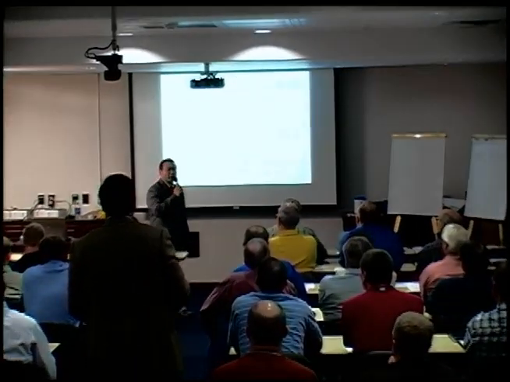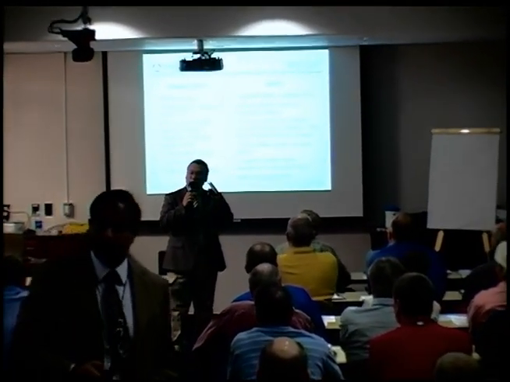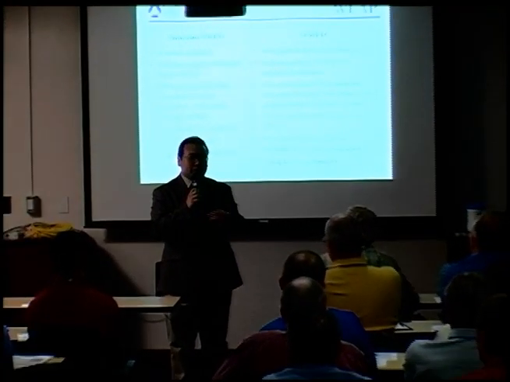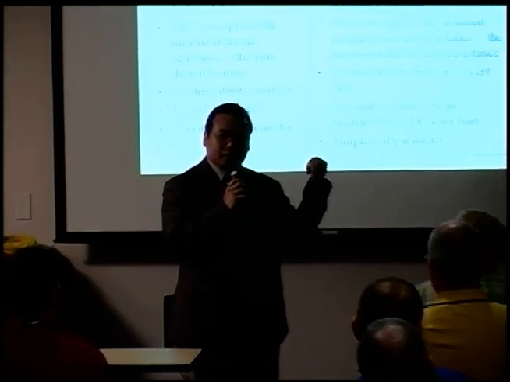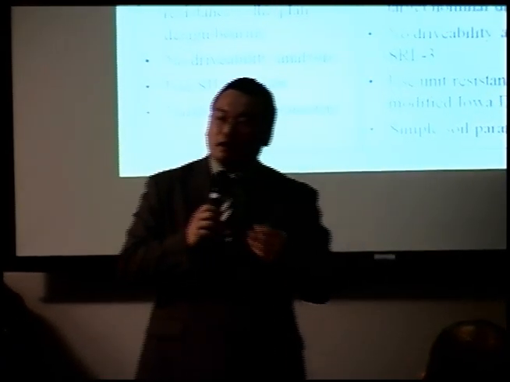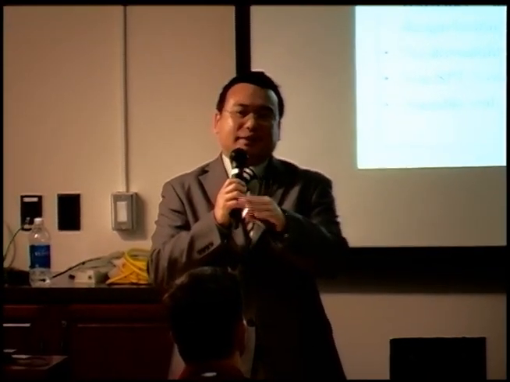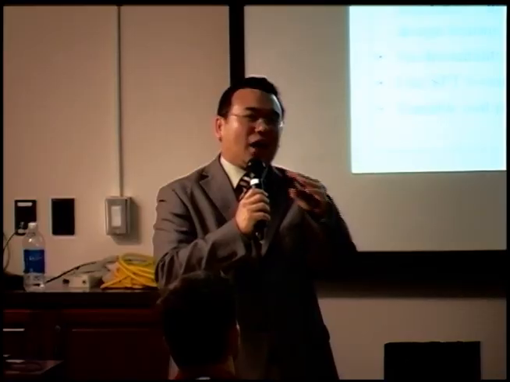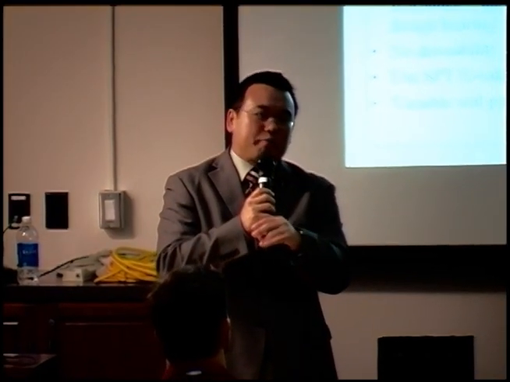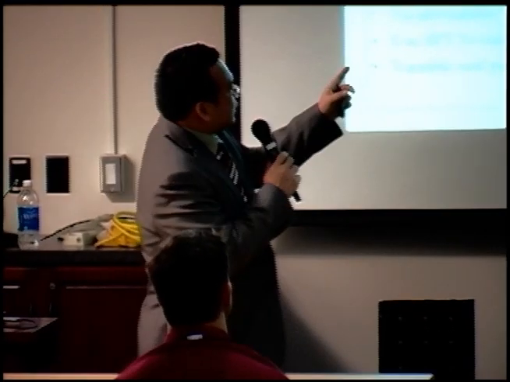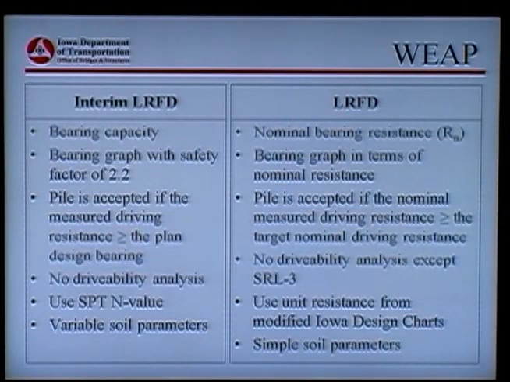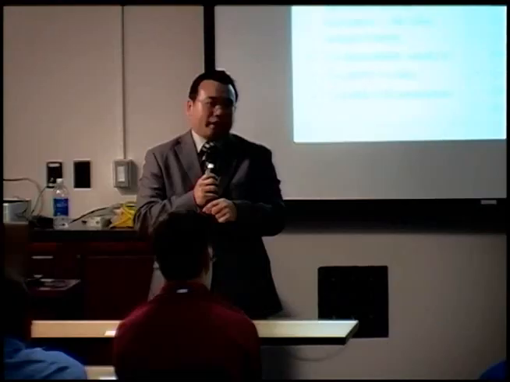So the question is about whether the contractor will be driving to a different penetration based on this nominal acceptance criterion. In the following presentation, we'll show you a series of design examples as well as how we could determine the pile performance. Although it's in terms of nominal, the policy of Iowa DOT is to drive the pile to the contract length, even if you achieve the nominal resistance prior to the contract length.